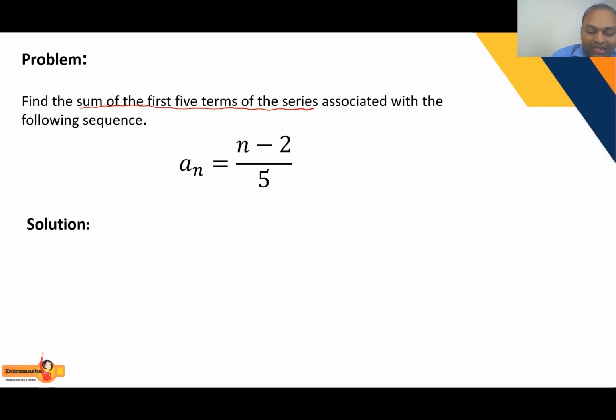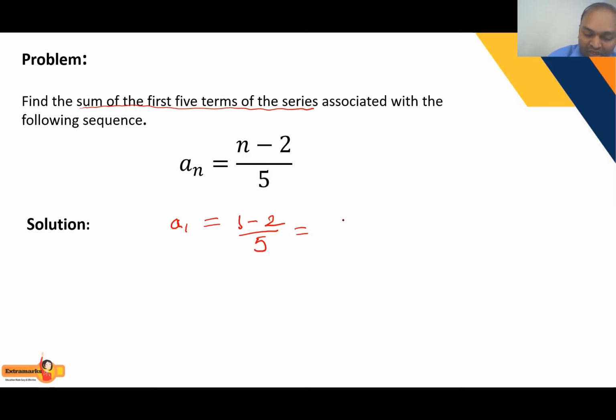Here first n is equal to 1, you substitute for a1. N is equal to 1 substitute. So the answer will be what? (1 minus 2) by 5. That is equal to 1 minus 2, answer is minus 1.